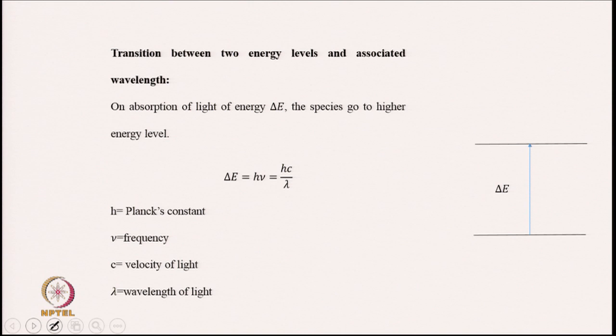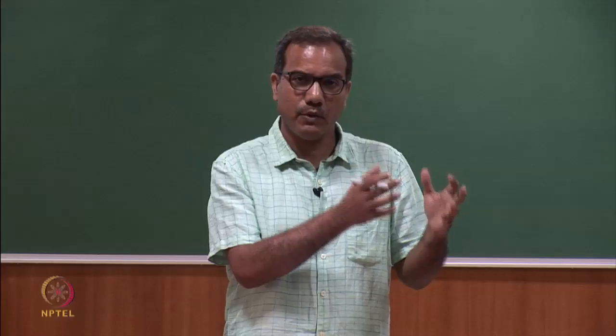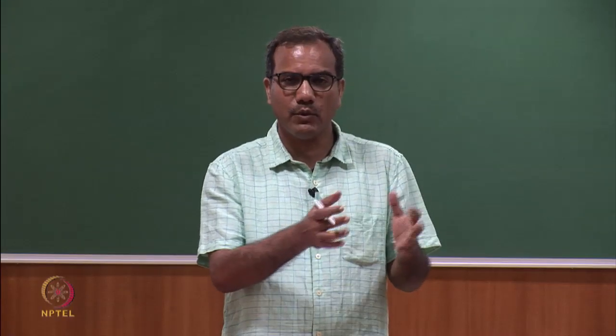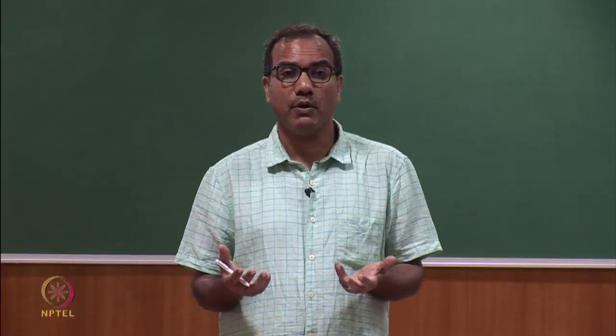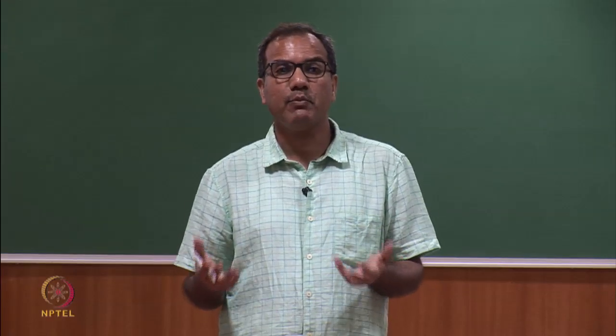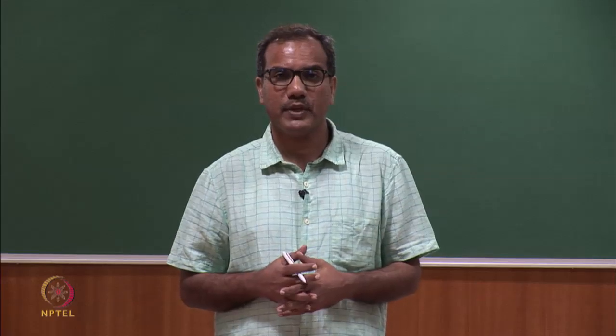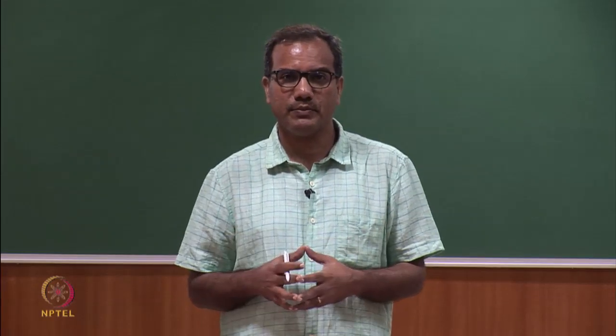So, based on the explanation for black body radiation and molar heat capacity, and also the discrete spectrum observed in the case of atoms, we arrive at the concept of quantization of energy.